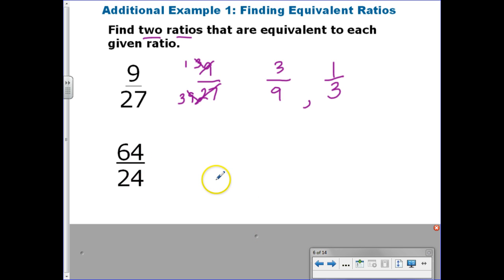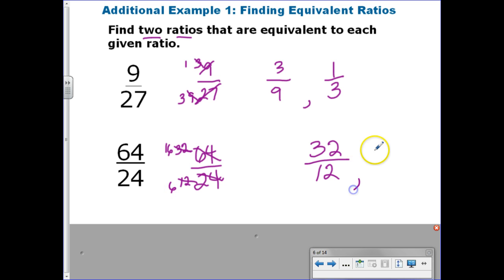Do another one quick with me. 64/24. Wow. Well, gosh, there's a lot of things I could do with that one. They're both even, so if I factor a 2 out of the numerator and denominator, I could get 32/12. That would be equivalent to it. And if I kept going, dividing by another 2, I'd get 16/6. There's another one.